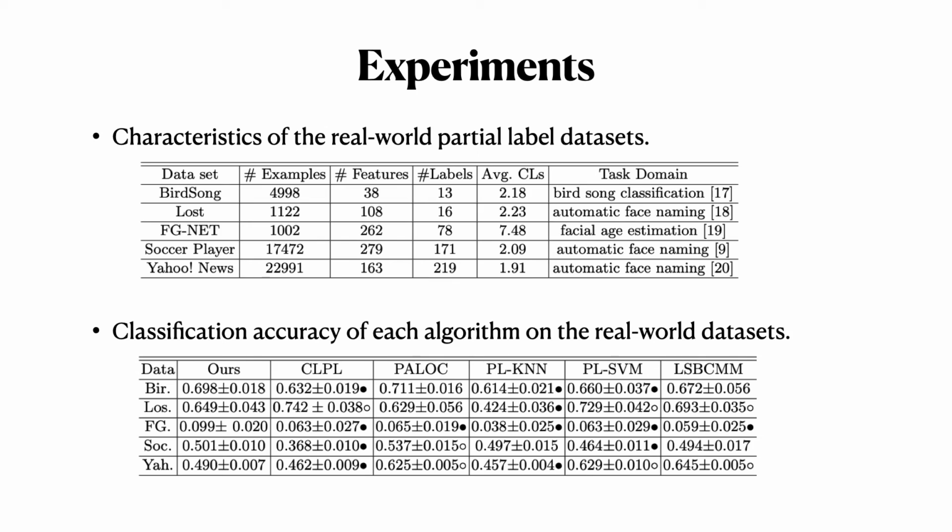The filled circle symbol means our method statistically outperforms the compared methods, and the empty circle symbol means otherwise. The results without any symbols mean our method is comparable to the compared methods.